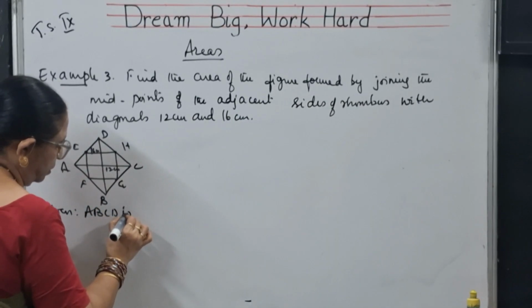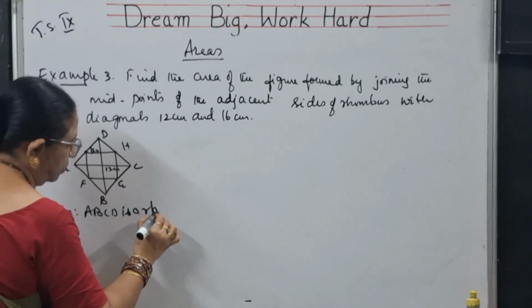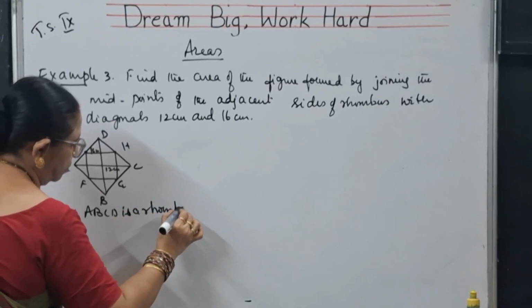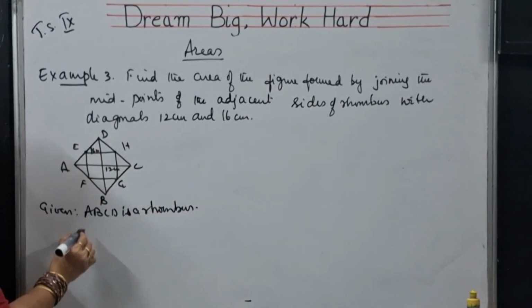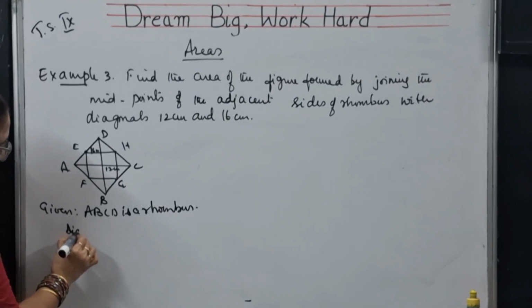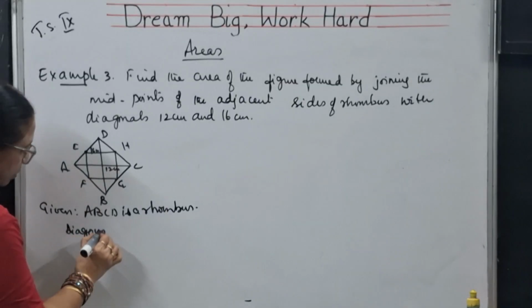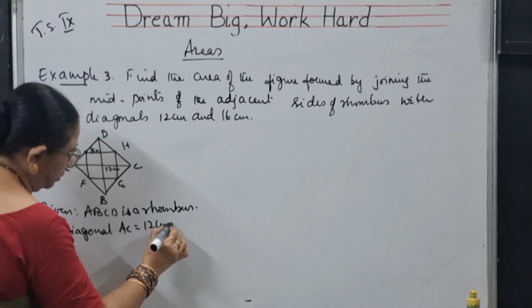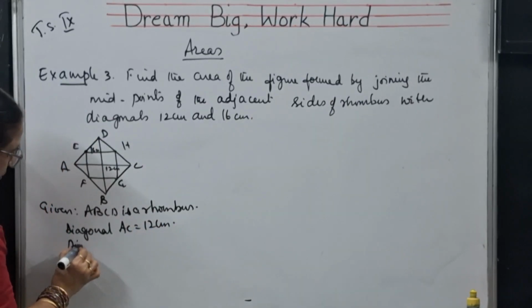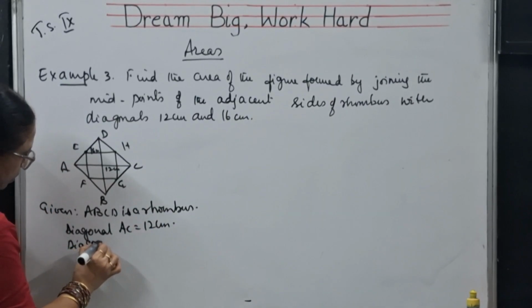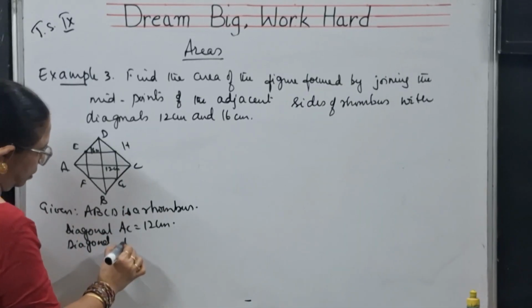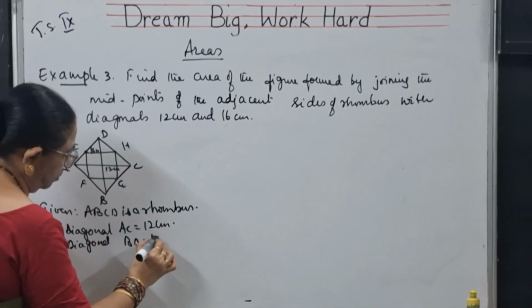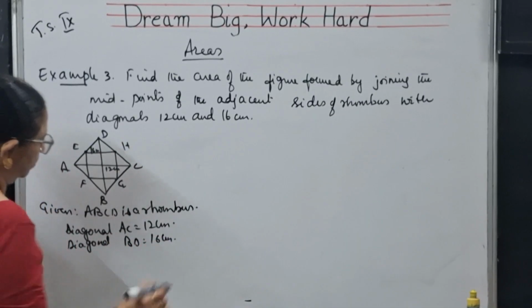ABCD is a rhombus. Diagonal AC is equal to 12 centimeters and diagonal BD is equal to 16 centimeters.